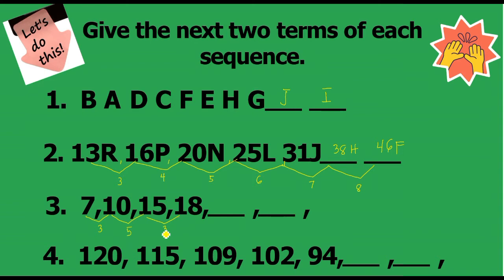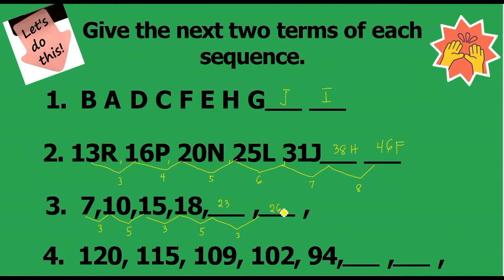Kung mapapansin natin yung pattern, we have 3, 5, and 3. So, ibig sabihin, yung susunod na term, ang difference niya ay 5, and then yung kasunod pa ay 3 naman po. So, 18 plus 5 is 23, and 23 plus 3 ay 26.